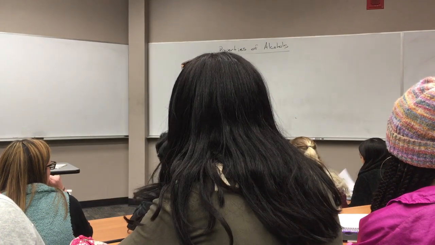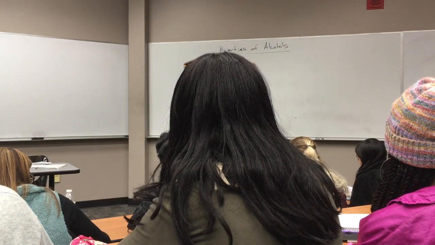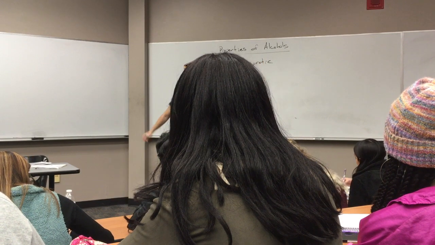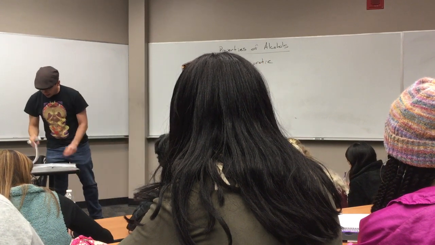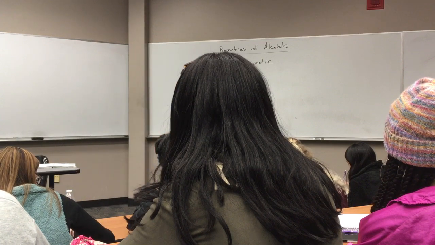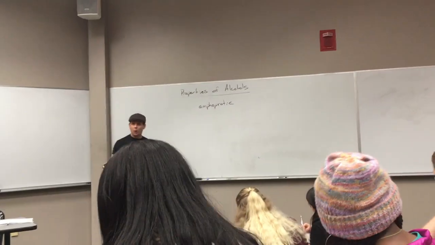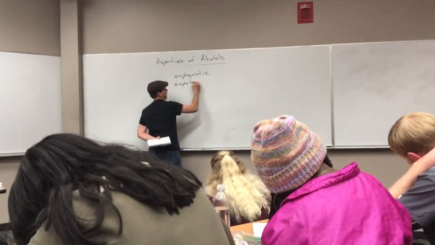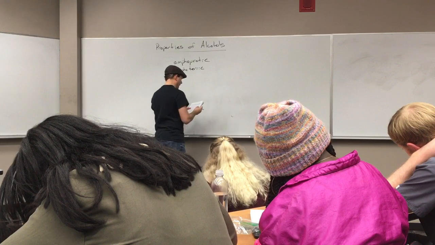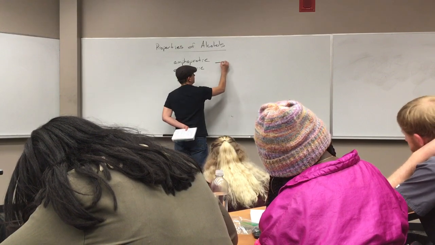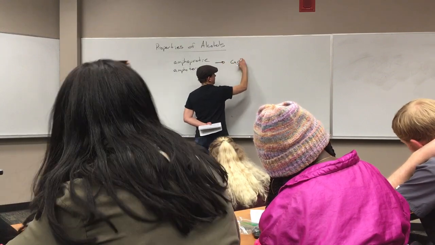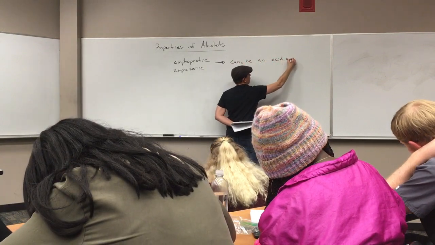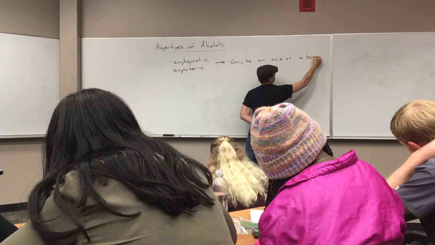We call that amphiprotic, with an I, or we also refer to it as amphoteric, with an O. What that means is it can be an acid or a base.